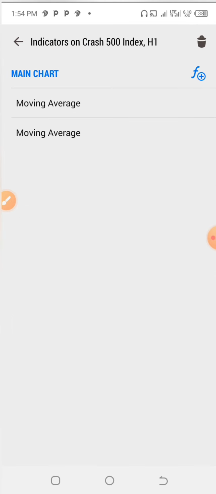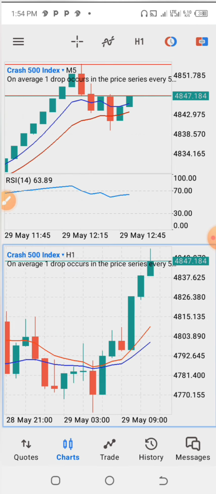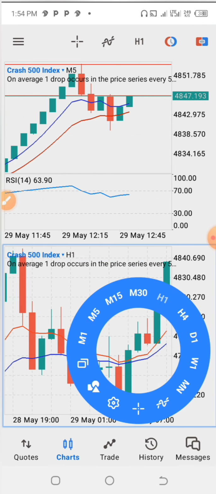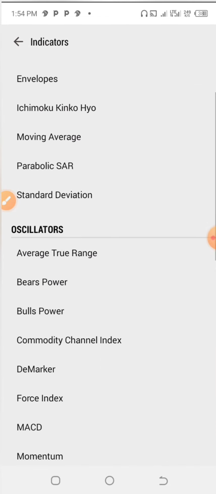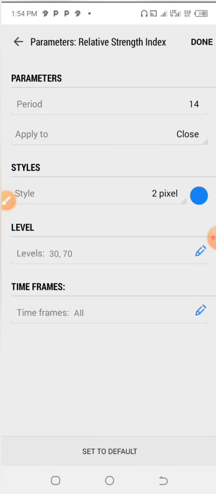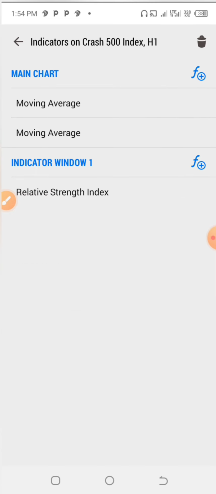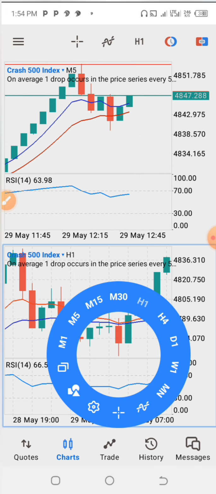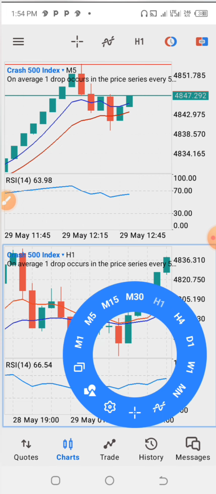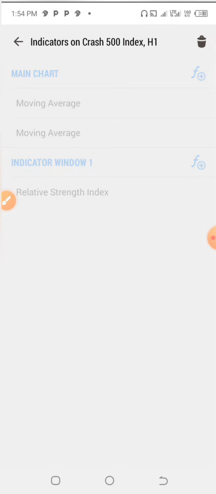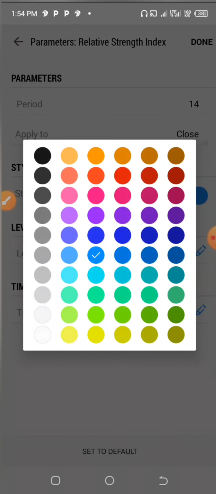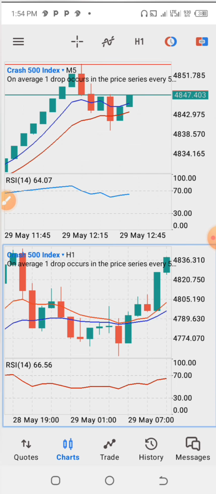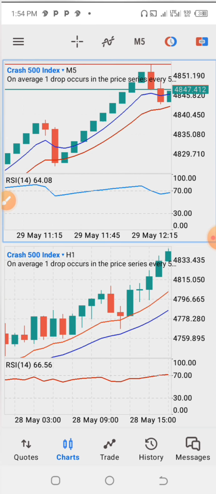Relative strength index. Did you see it? Let me change the color so that you will recognize it easily. Did you see it? So it contains both of them.